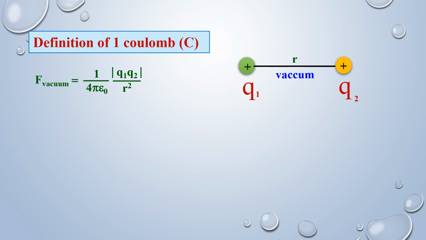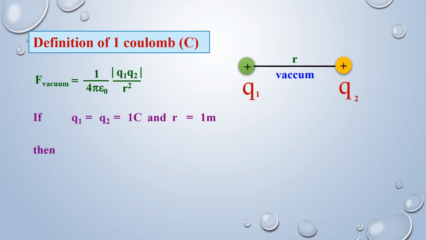We have taken the modulus of the charges so that we are only concerned with the magnitude of the two charges. Now, if Q1 and Q2 both have similar charge on them, we can call them identical charges, where we have considered the charge on each one of them is equal to 1 coulomb, and let us say the distance of separation between the two charges is also 1 meter.